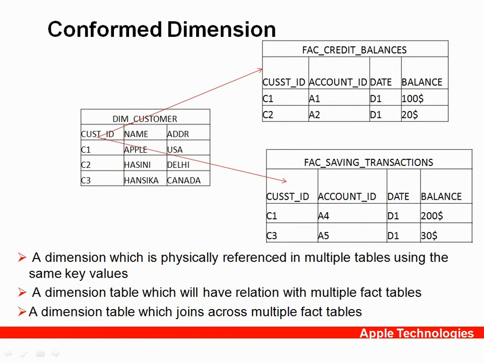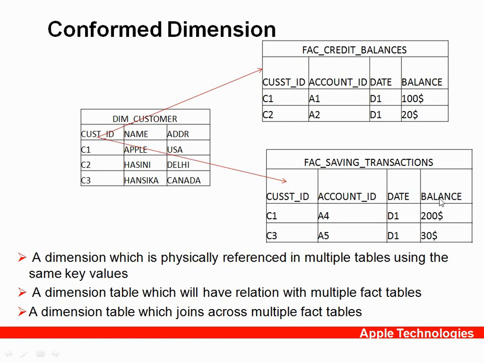Just to give a glance: a dimension table which is common or shared across multiple fact tables. See here, I have one fact table where I store credit card balances, and another fact table for savings transactions. In the first I keep only customers who have credit cards and their current balance. In the other, customers who have deposit or savings accounts in the bank and their transactions.